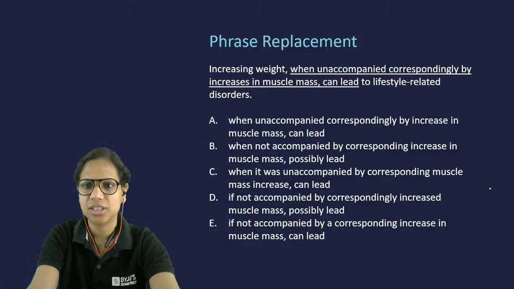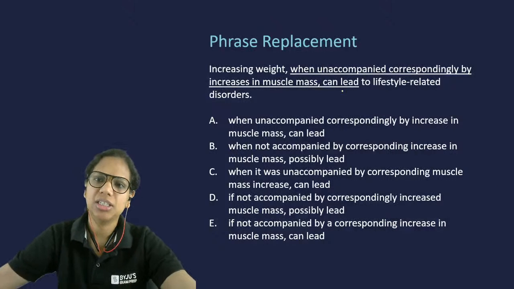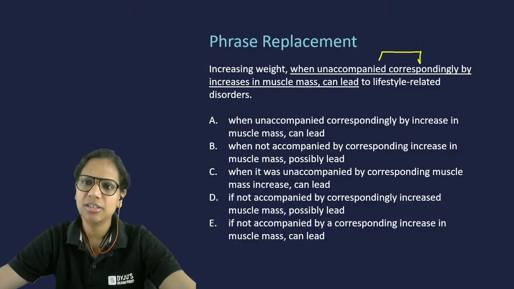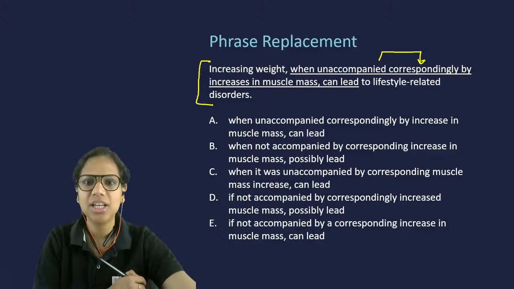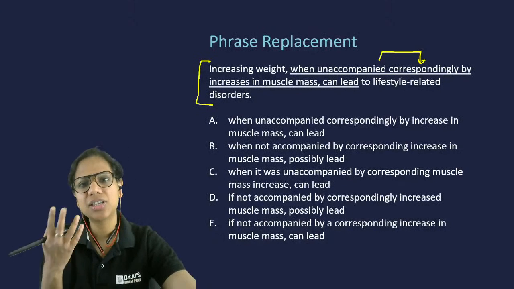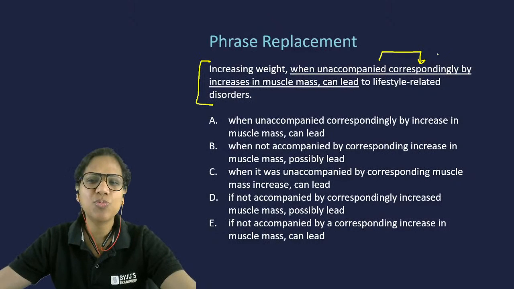Increasing weight when unaccompanied correspondingly by increases in muscle mass can lead to lifestyle related disorders. So when I read the original sentence, I should read it with a fault finding lens, so that any glaring errors are visible to me right there. I feel this "correspondingly" is a bit off here.